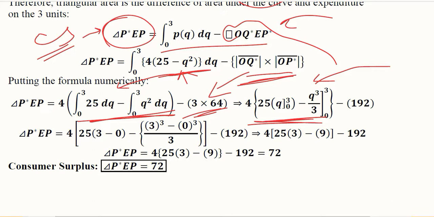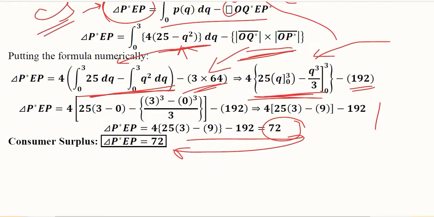You can pause the video and see how this is done. 192 is the answer for the area under the curve. Now the remaining steps are very easy. By using these simple arithmetic steps, you can find the area of the triangle, which is the consumer surplus, and we can say that this is the consumer surplus, that is 72 units.